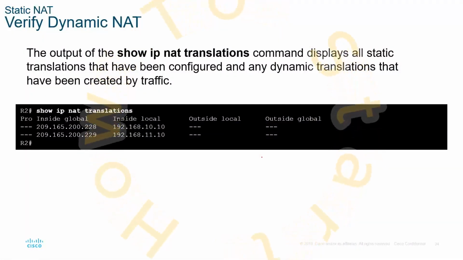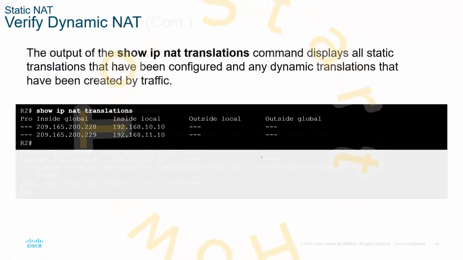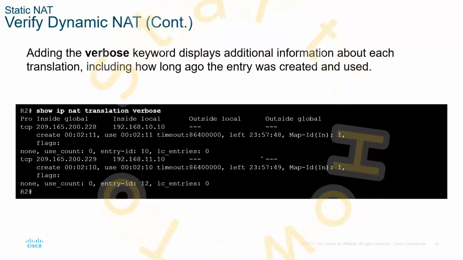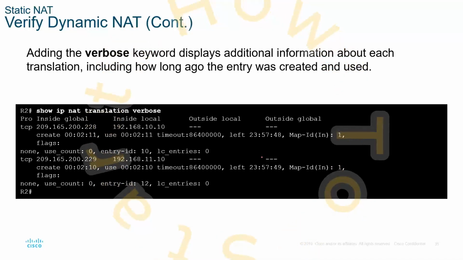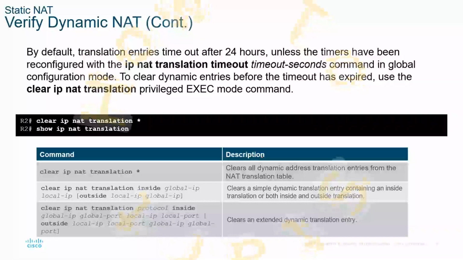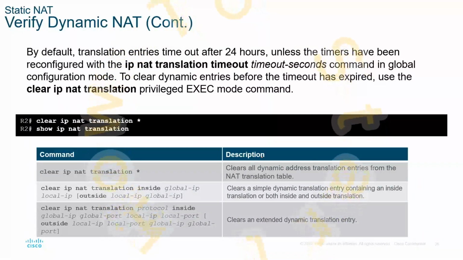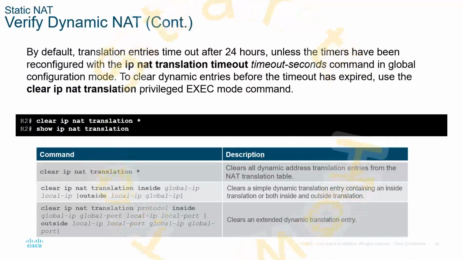And how do we verify? Show IP translate. We can also do a verbose option. If we do a show IP translate verbose, we get a little bit more detail. And again, we always have our show IP NAT translate, we have our clear command, and we can also look at our statistics.